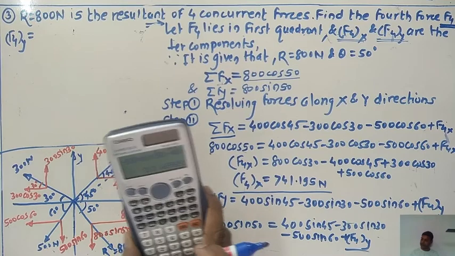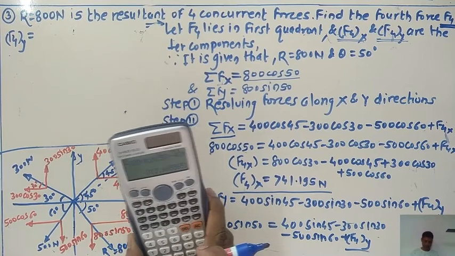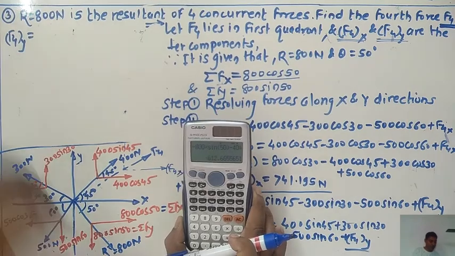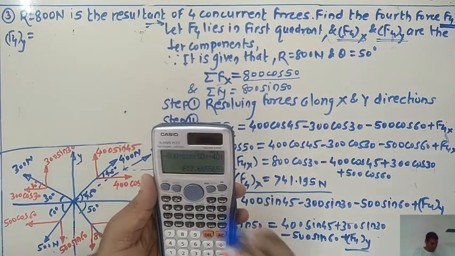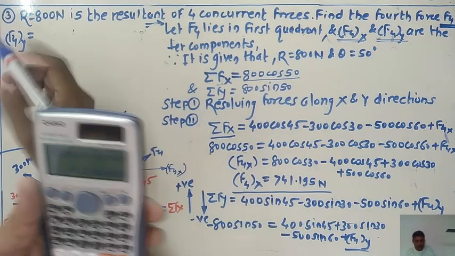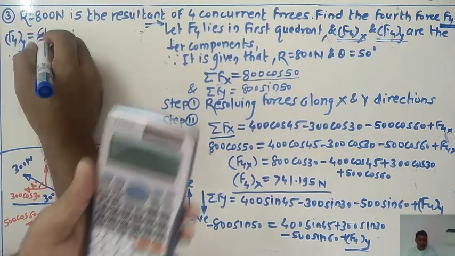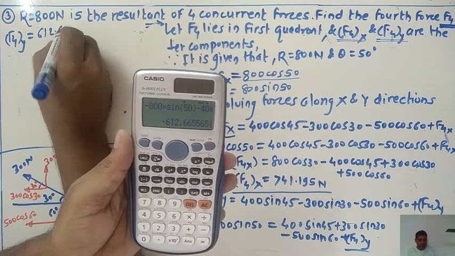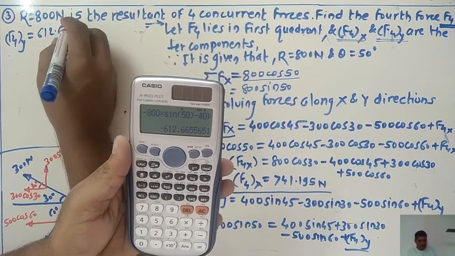After calculation, what is the value? We found, if you look towards the answer, the value for F4y is nothing but 612.66, I think clearly visible to you.